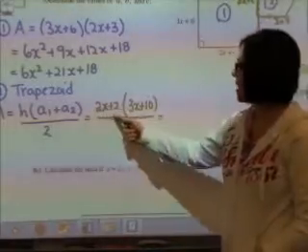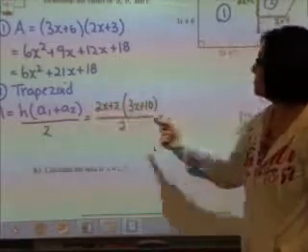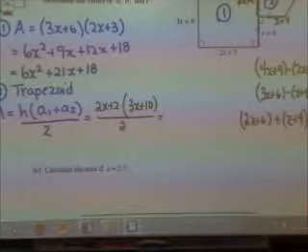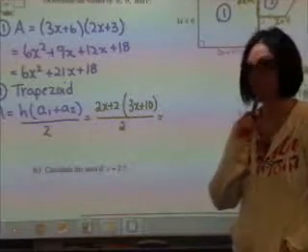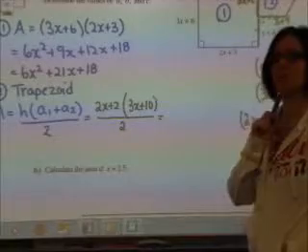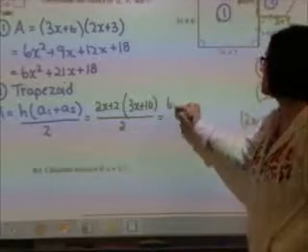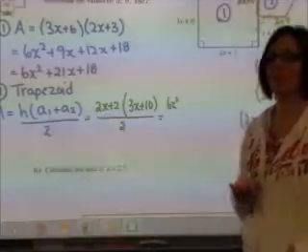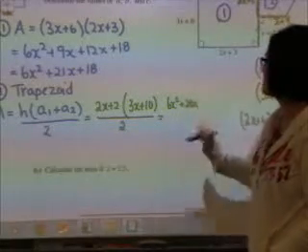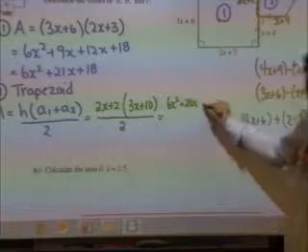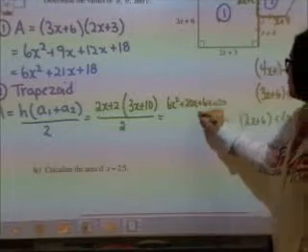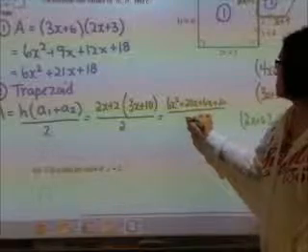So if I go to multiply the top out, what do I get? 6x squared, then what? Plus 20x. Plus 6x. Plus 20. All divided by 2.